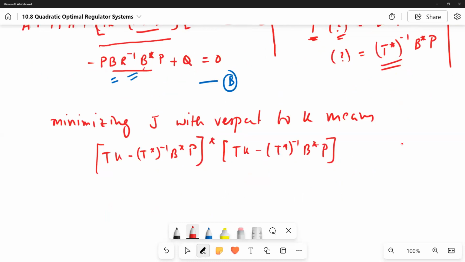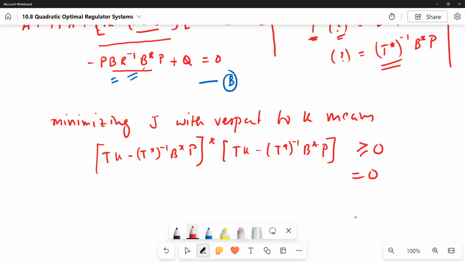As you know, this is simply a product of two components in matrix form, and that is always greater than or equal to 0. So minimizing this means actually taking it equal to 0.